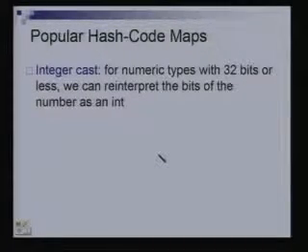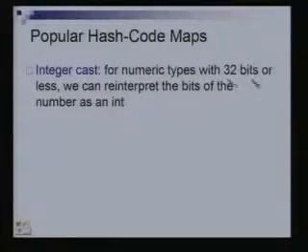So one thing is that we could just take whatever is the bit pattern and interpret it as an integer. If you have a numeric type with 32 bits or less, we can reinterpret the bits as a number.